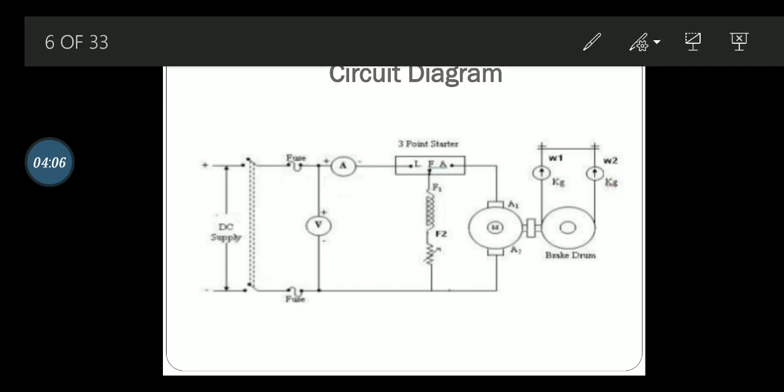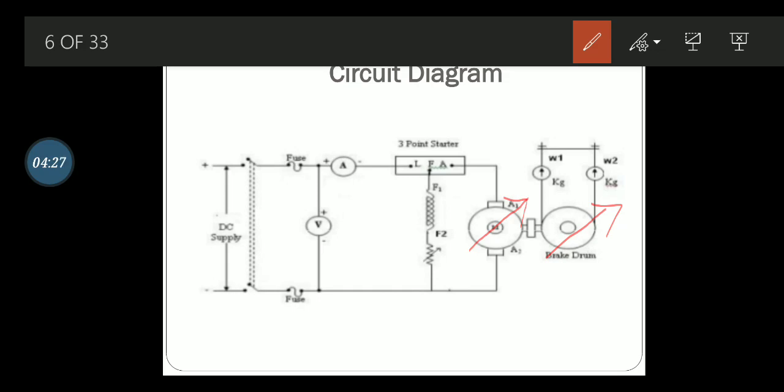Here the motor which is under test is coupled with the brake drum arrangement in order to apply the mechanical load over the motor.